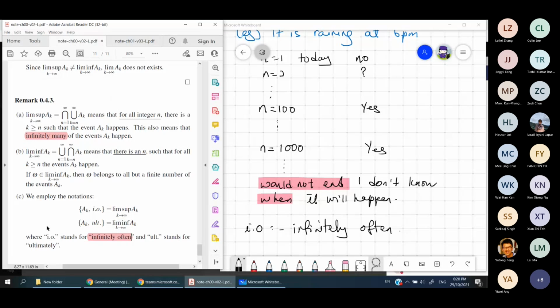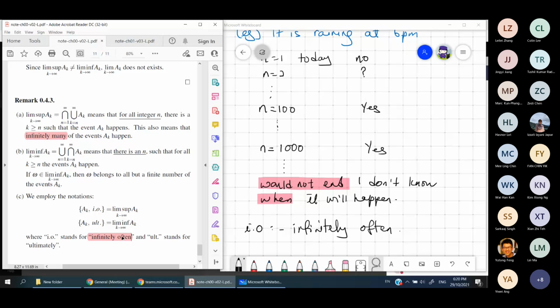So the idea will be like this example or this phenomenon: it will not end for sure. It will happen and happen and happen again. It might not happen every day, however I know for sure it will keep on happening again and again. So that's why we can also say this limit supremum of A_k will represent a phenomenon so-called infinity often.